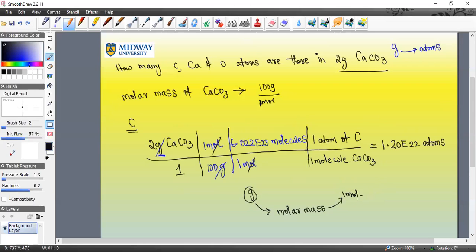Okay, we said a mole contains so many atoms, right? But this time we're going to write the same number, but instead of atoms, we're going to say molecules. Then you multiply by however many atoms of that element are present in that molecule, and that will give you the answer in atoms.